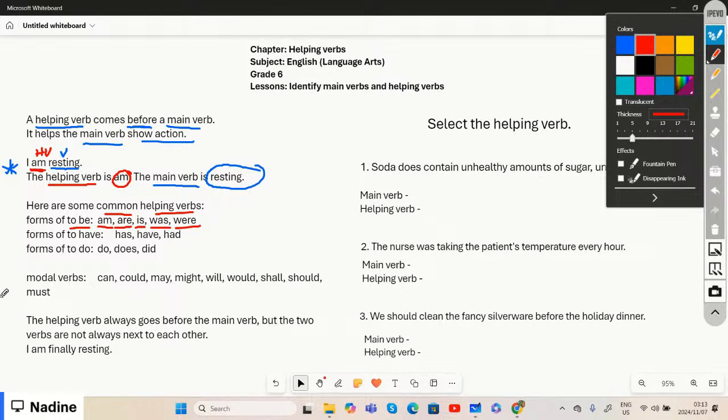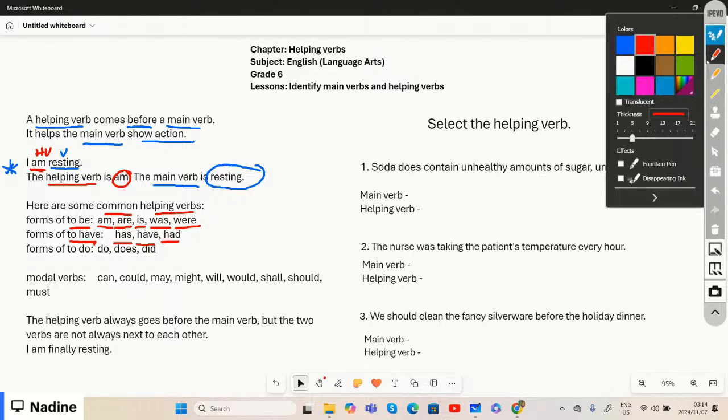And then we have our forms of to have. Our helping verbs of to have are has, have, had.